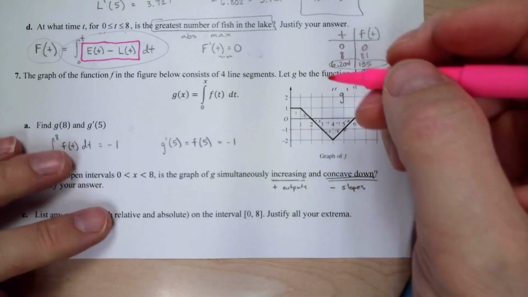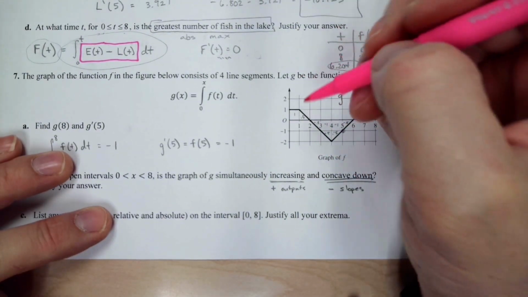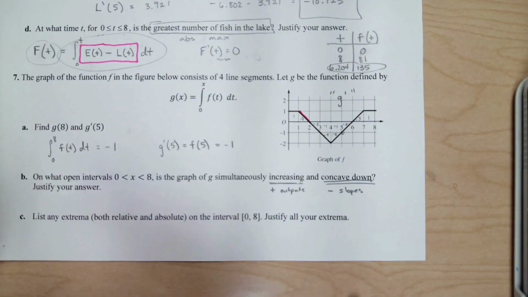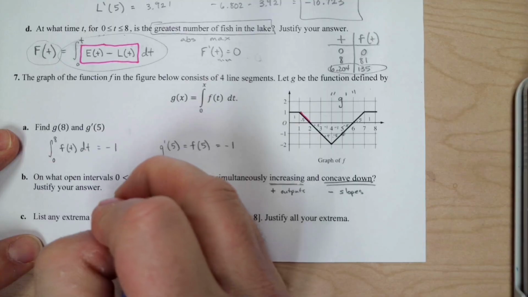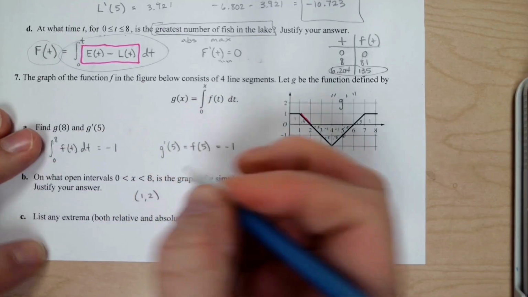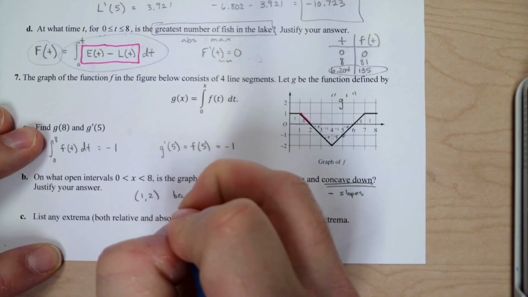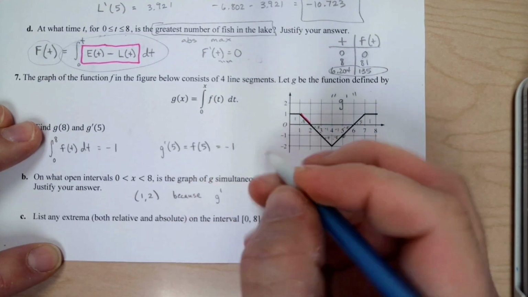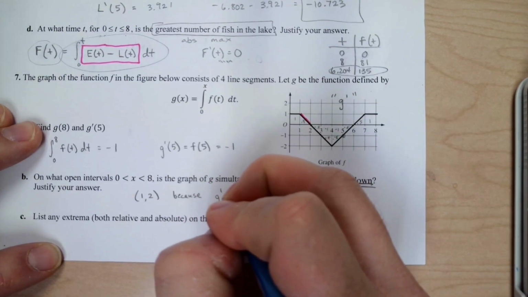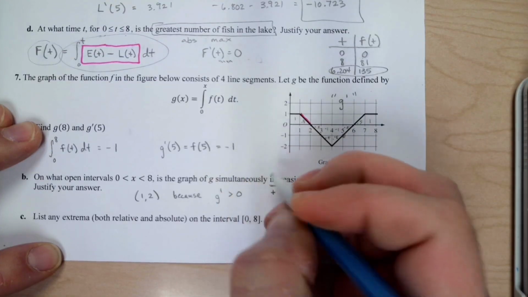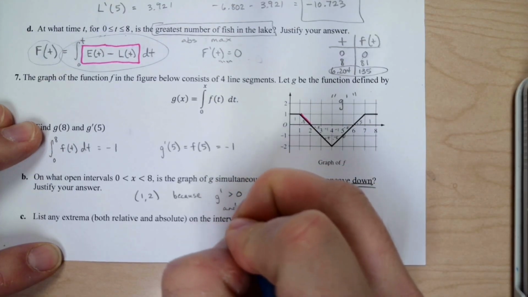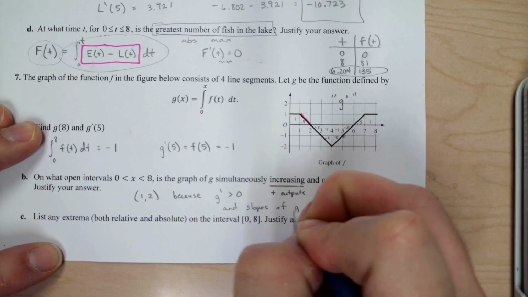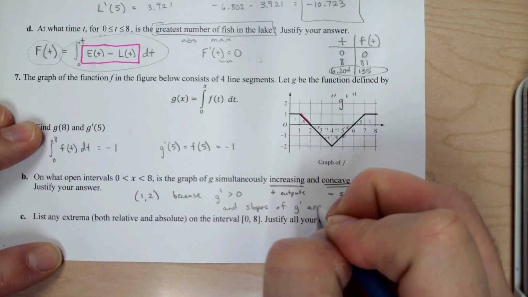I see that in one spot, and that would be right here, from 1 to 2. So the answer would be 1 to 2, and I would say because g prime is greater than 0 and the slopes of g prime are less than 0.